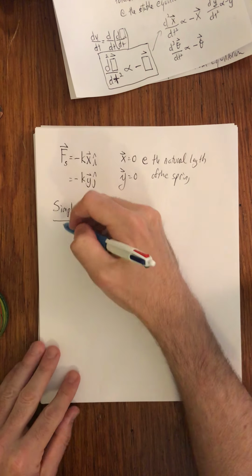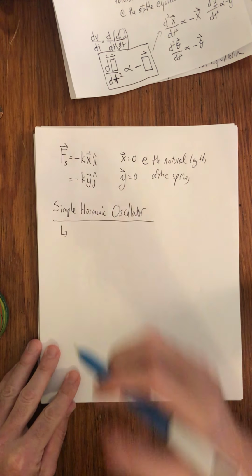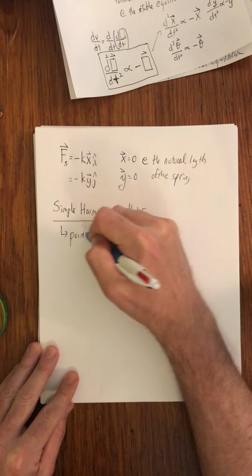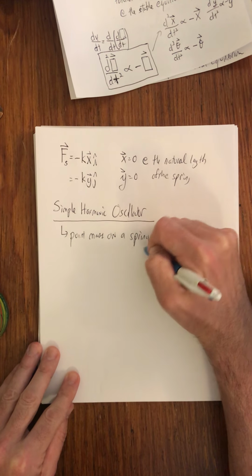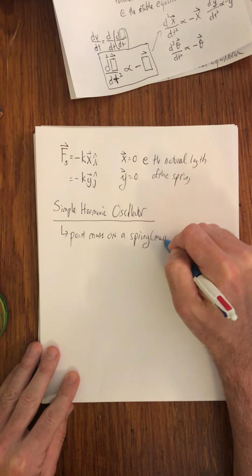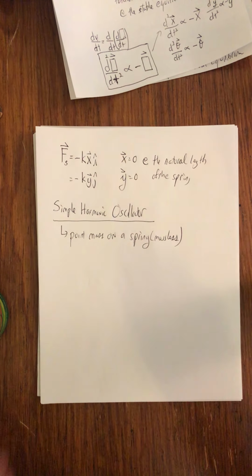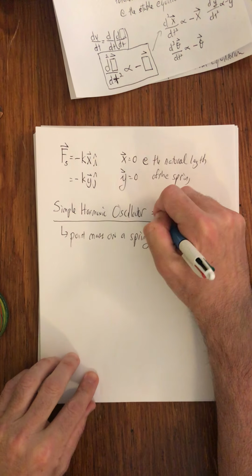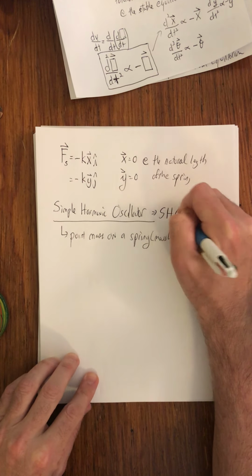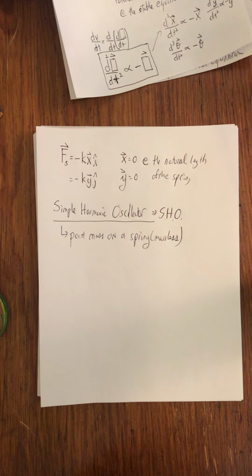So, simple harmonic oscillator is a really fancy name for a point mass on a spring. And that spring, by the way, is a massless spring, right? So it doesn't really exist, but we'll do it. So the simple harmonic oscillator, or as all the cool kids call it, the SHO. There it is. So let's come see the SHO. Haha.